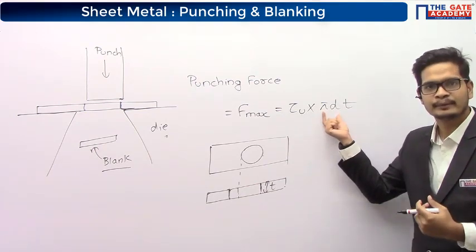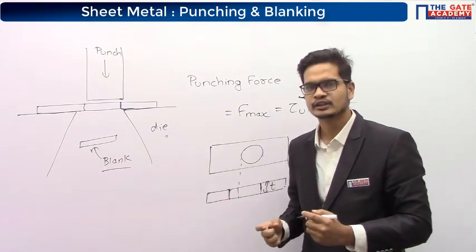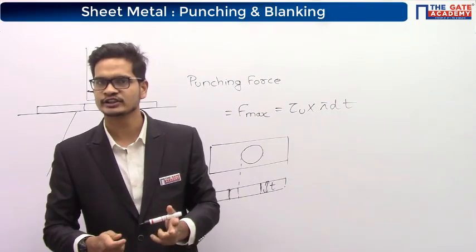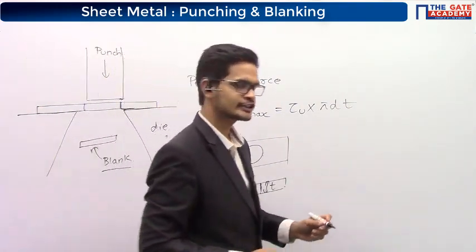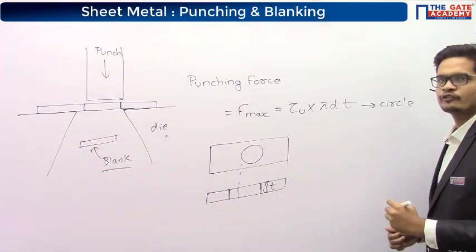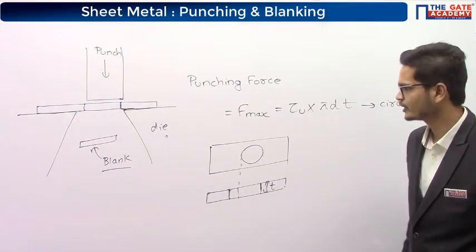What is pi d? Pi d is the circumference of the circle. Circumference is the perimeter of the circle. This is for a circle. What if you are cutting a rectangle?